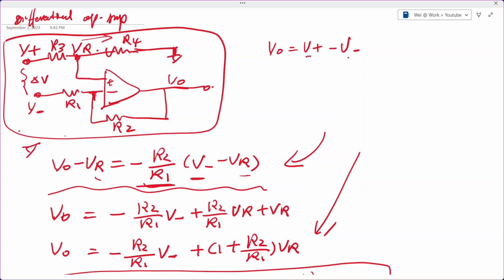For example, if V plus is 7 volts and V minus is 6 volts, the common mode voltage is 7 plus 6 divided by 2, which is 6.5 volts. But here, V out equals 7 volts minus 6 volts, equal to 1 volt.